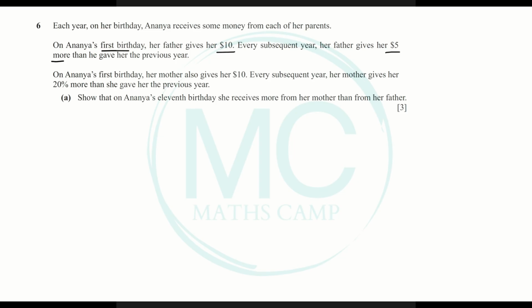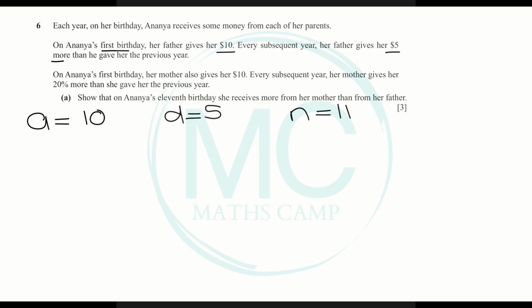So for her father, we know that our first term, the initial amount of money he gave her, is 10, and the constant difference, D, is 5. We want to know how much money the father gave Ananya on her 11th birthday. So to calculate, N will be 11.